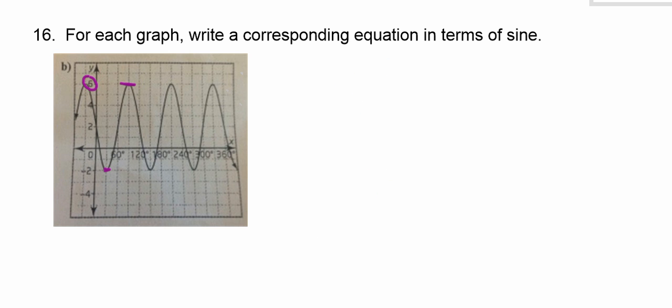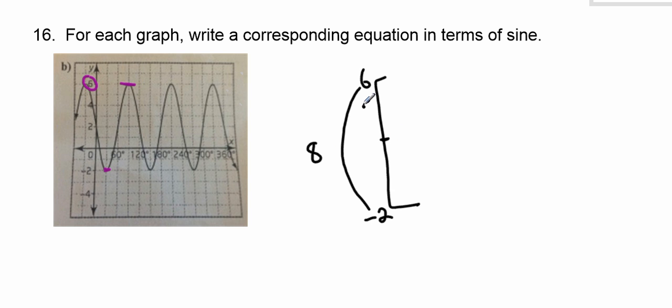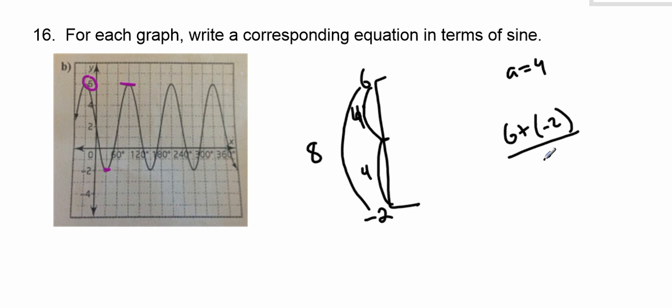Okay, so we go from 6 to -2. So the range is 8, and half of the range is 4. So the amplitude is 4. So now I know that A equals 4. I also know that the midpoint between 6 and -2 is 2.